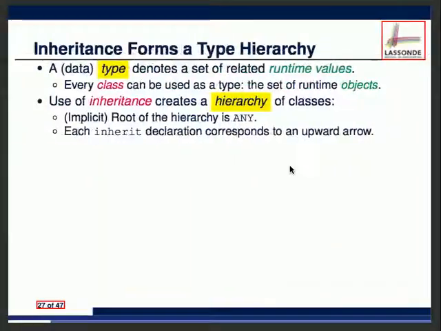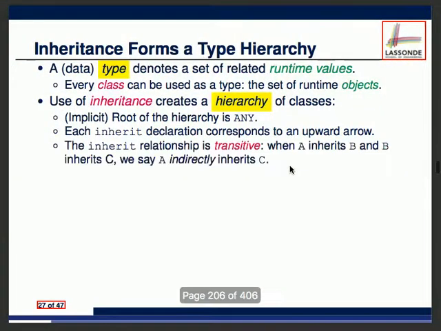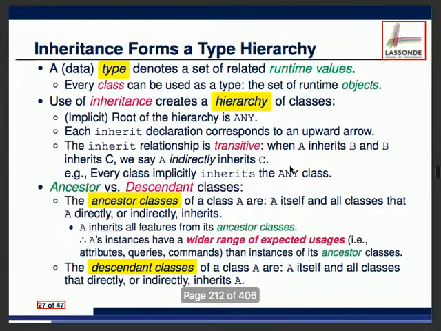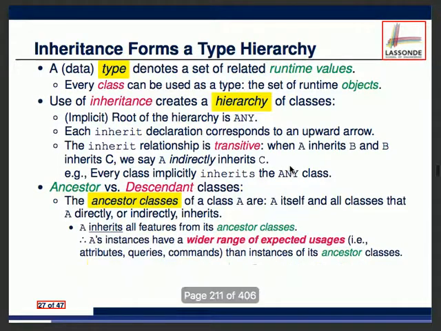And then we're getting to the actual meat. That's about ancestors and descendants. Now try to understand this. A inherits all the features from its ancestor classes, right? We just illustrated that. So what's the consequence? That means any instance of A has a wider range of expected usages. What do I mean? I'll show you.